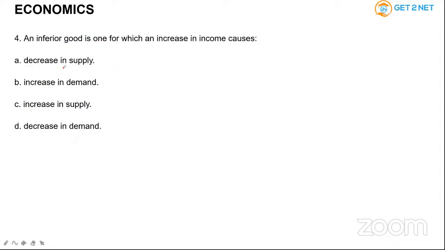Clear. An inferior good is one for which an increase in income causes a decrease in supply, an increase in demand, an increase in supply, or a decrease in demand. What is it? Okay, Akanksha.